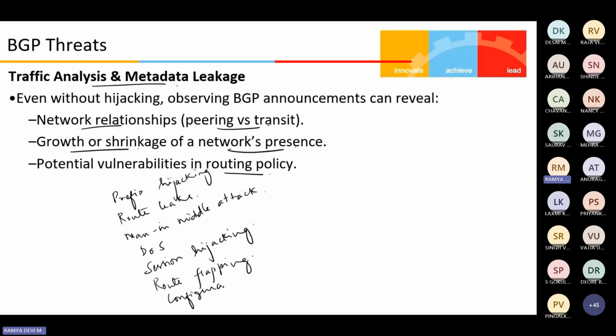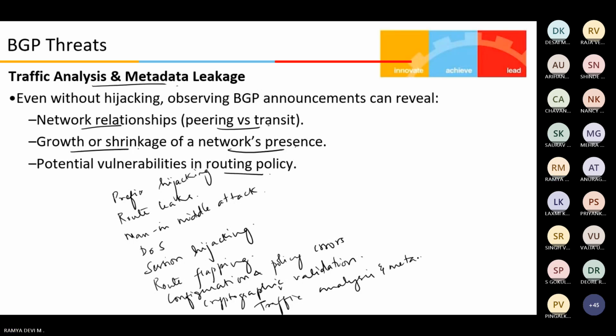Humans make configuration and policy errors mistakenly. Then the lack of cryptographic validation, for which we go for PGP-SEC. And the last is traffic analysis and metadata leakage. These are the different PGP threats that should be addressed properly.